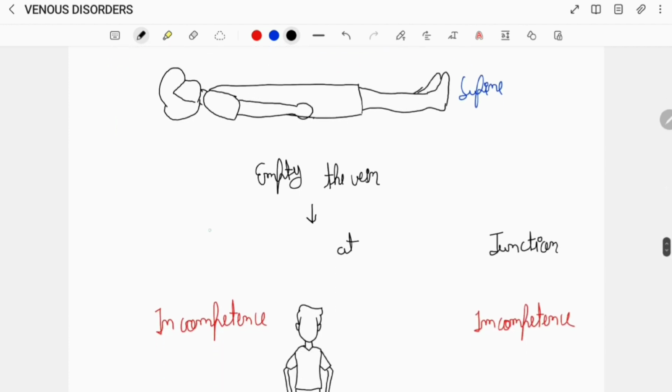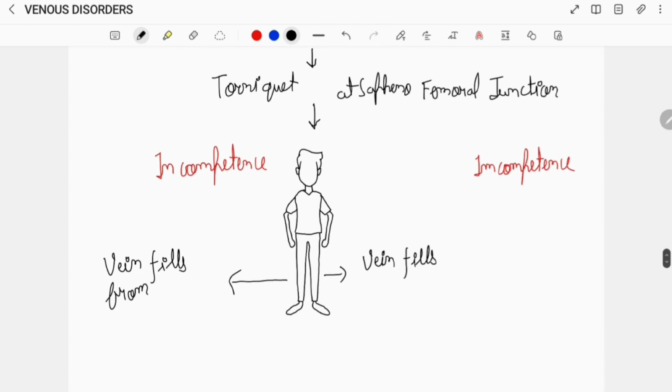After emptying the vein, we tie a tourniquet at the saphenofemoral junction. After tying that, we ask the patient to stand, and then we release the tourniquet.